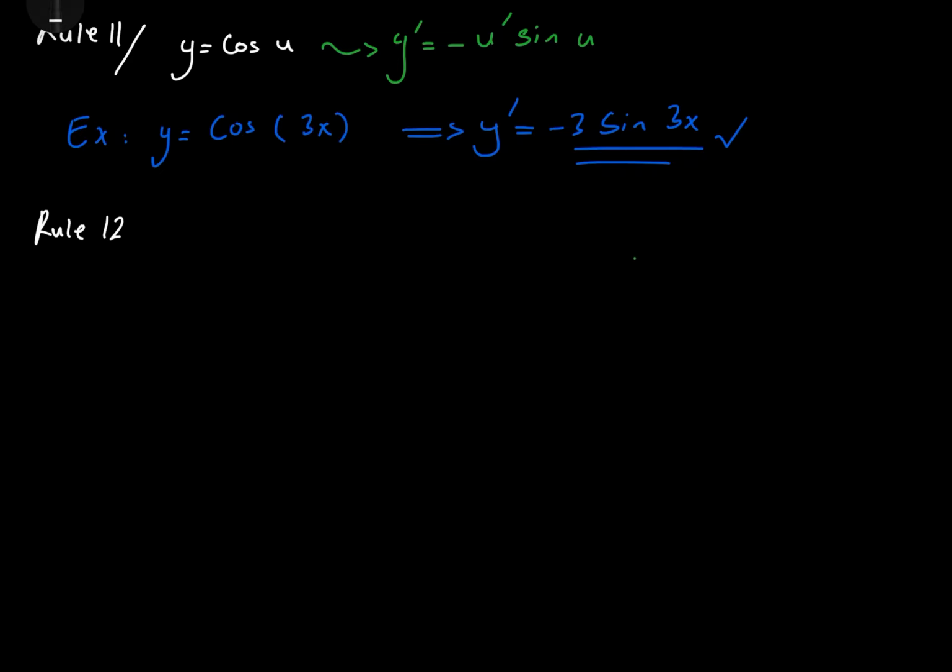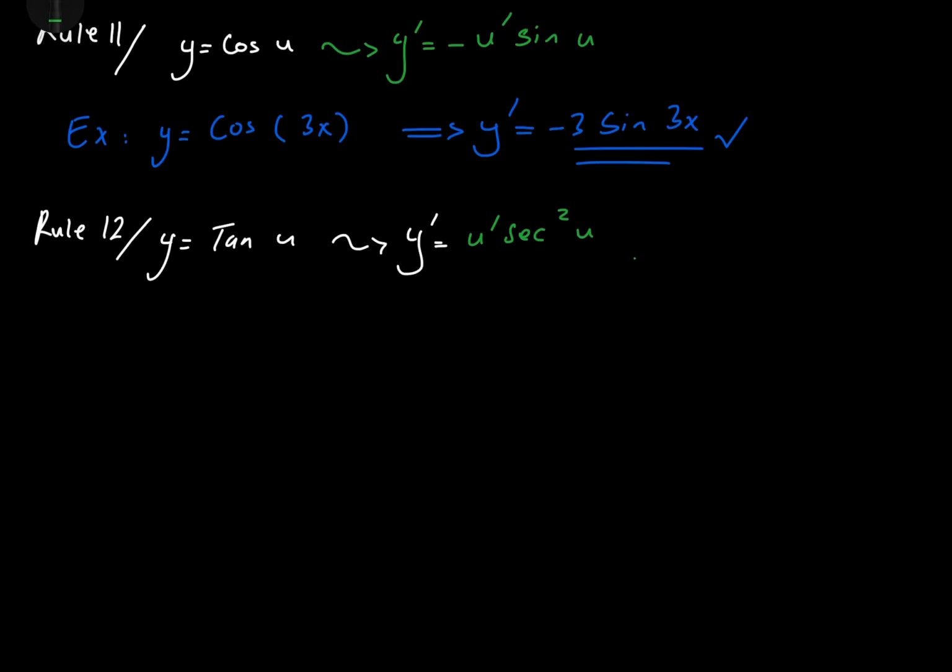For rule number 12, we could take a look at the derivative of the function y equals tangent of u. For taking the derivative of the tangent of u, we could look at it in a couple of ways, but the basic general formula is that the derivative of this function, or y prime, is simply u prime times secant squared of u.